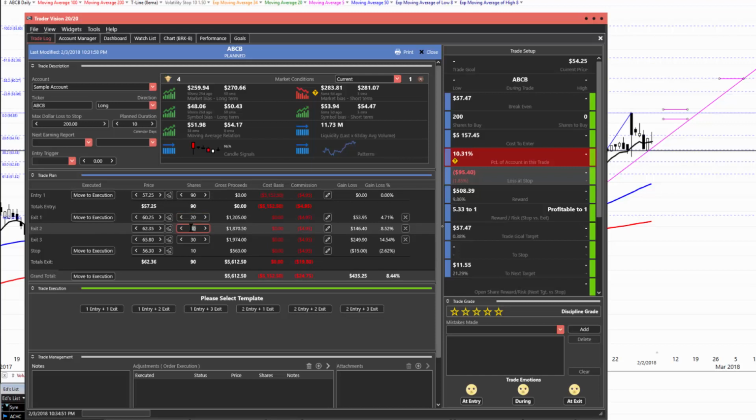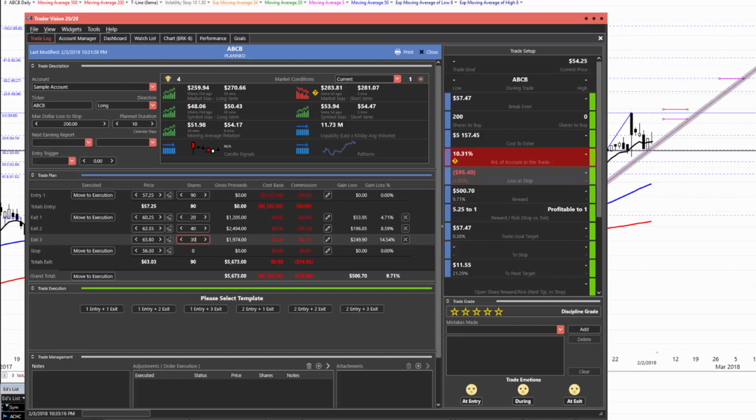Yeah, 40, okay. That raises our overall reward. So if we hit all three targets, we're up over 500 bucks now, making it a 9.7% overall trade. But it also allows us to get our target here, the 250 bucks, a little bit more comfortably at that first or at that second target level.